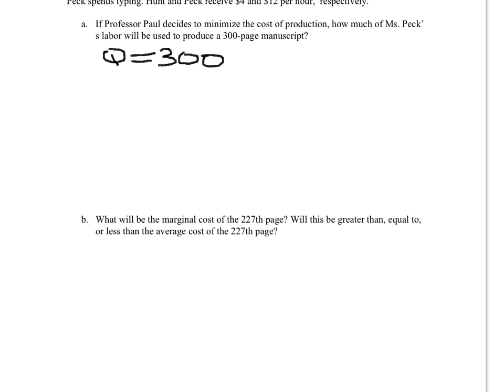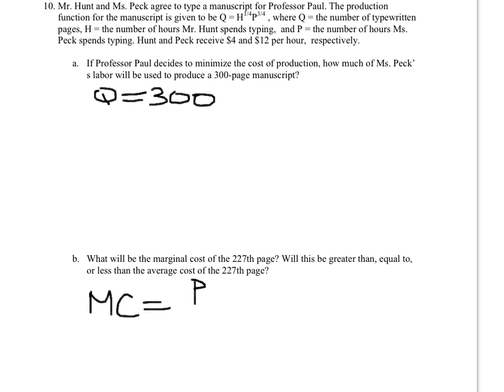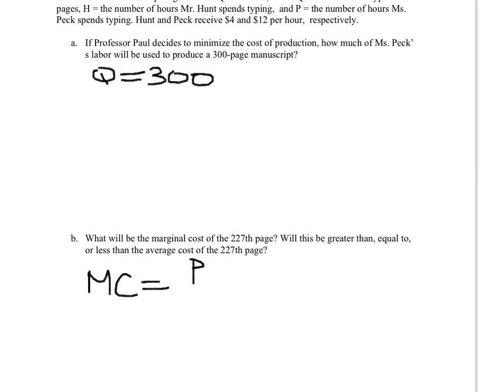This particular problem right here, to find the marginal cost of the 225th page, again, MC equals the price of the input, which in this case will be the price of the variable input, which will be H or P, whichever one you want to assume.